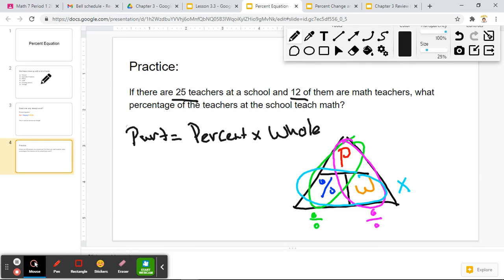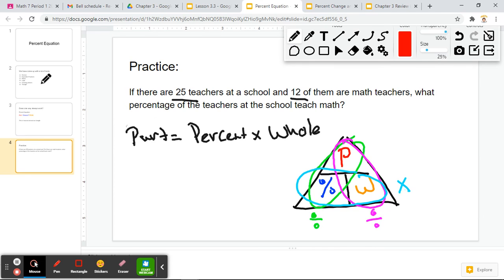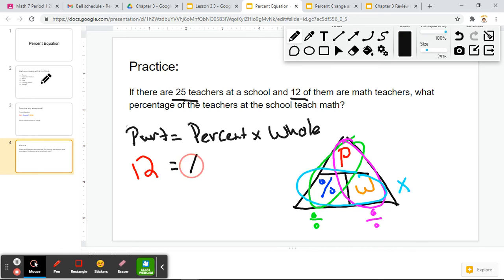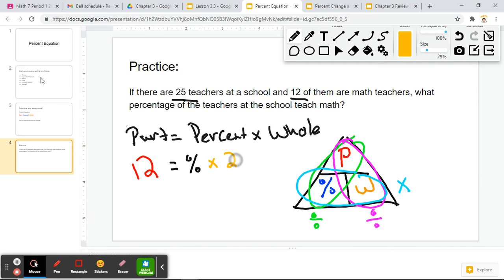So we don't know our percent here, obviously, so that's just going to remain as p. But let's look at our part. I'm going to do my parts in red. Well, if we have 12 teachers and 25 total, then that means 12 is our part, because 12 is a part of 25. That'll be equal to our percent. We still don't know. I'll make a percent sign there. And then times our whole. Our whole is orange here. And we are going to make the whole 25 because that's how many total teachers we have.